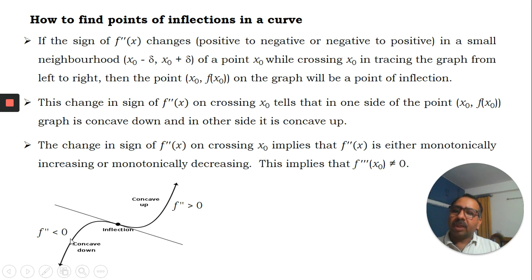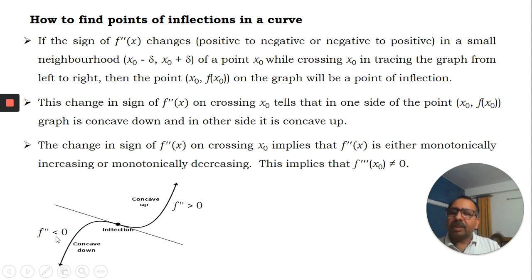So when we move from left to right of this point, the sign changes. The point where this sign changes is called a point of inflection. This change in sign of f double dash x on crossing x naught tells us that on one side of the point the graph is concave down, and on the other side it is concave up.